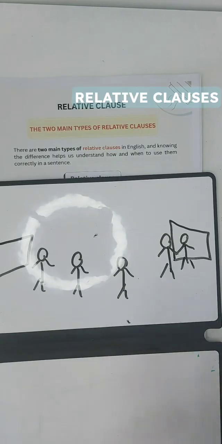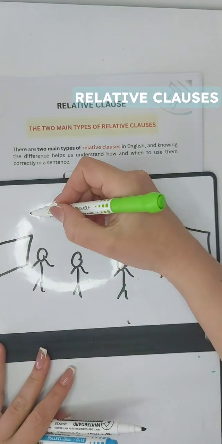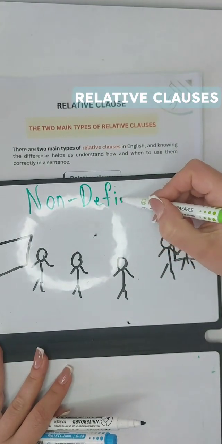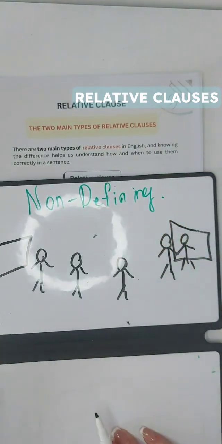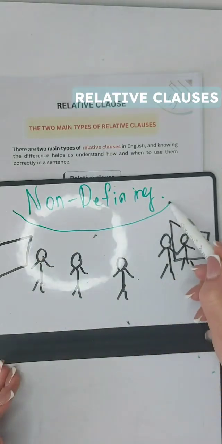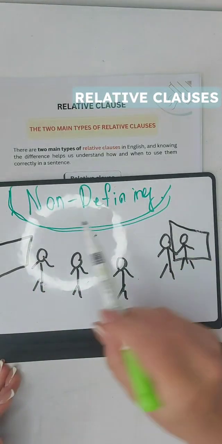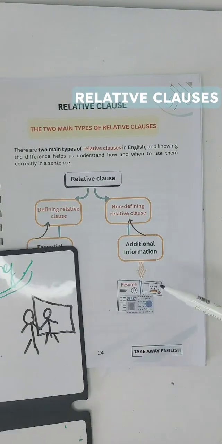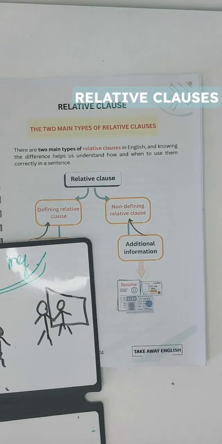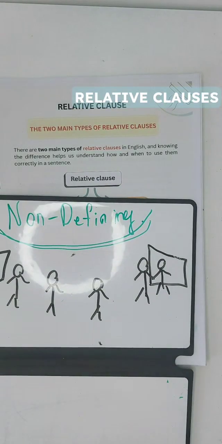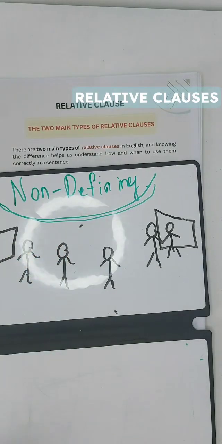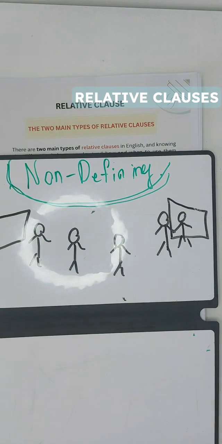Or just send me a message on TikTok. Non-defining. It already tells you that this information is not essential, right? Non-defining, like a resume or driving license or bachelor's degree. They are optional, extra information about you, but not essential, right?